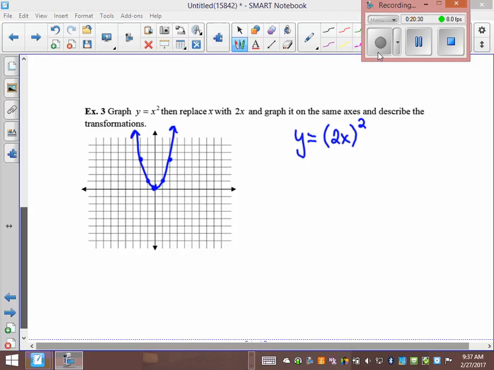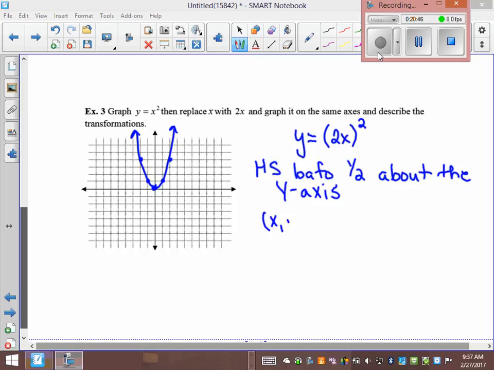You could either say this is a horizontal stretch by a factor of 1/2 about the y-axis, which I'll show you because this is how everyone did it. x, y is going to become 1/2 x and then y. So every one of my x is going to be halved. So this will stay here. This will move here to negative 1/2, 1 here. And the 2 becomes a 1. And this becomes a 1. And it goes like this.